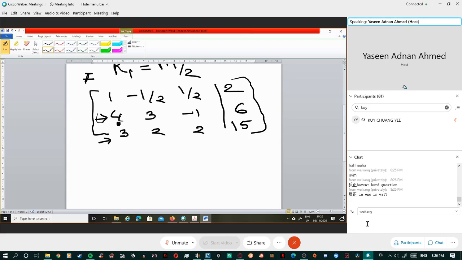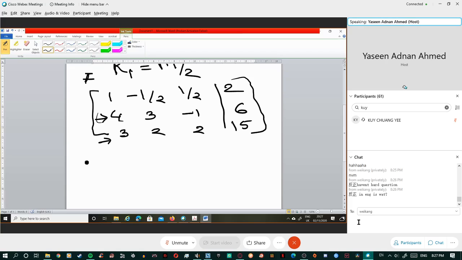Okay, that is the strategy. In this case, 1 you need to fix it, right? So 1 belongs to row number 1, so we will keep the row number 1 fixed, and we will try to modify R2 and R3 with respect to R1 in such a way that your 4 and 3 will become 0. Okay, because you have to consider the below and above. Above we don't have any elements, so we focus on 4 and 3.